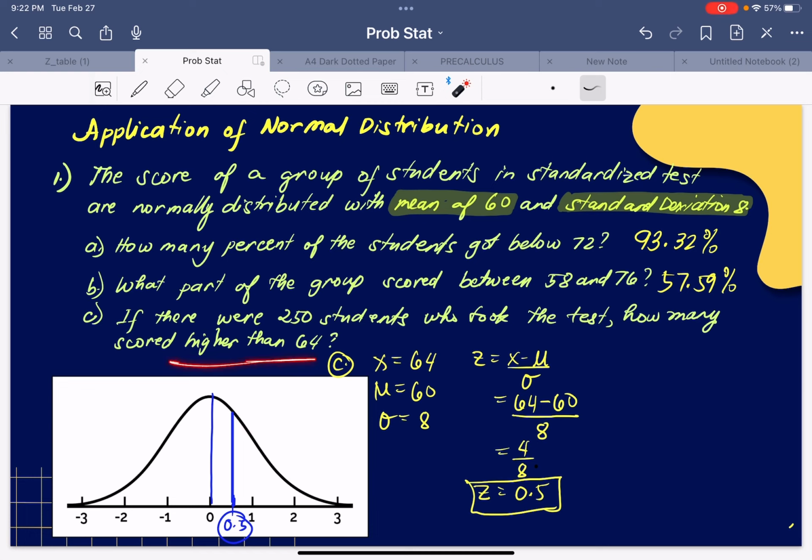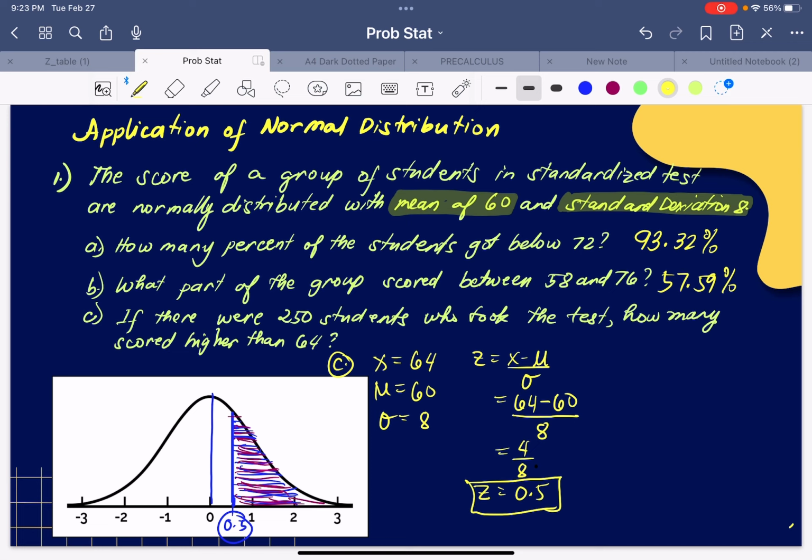So higher daw. So ang shaded natin, we're going to shade this part of the normal curve. What is the area of this? So this is above the z value. If the given is above the z value, what are we going to do?